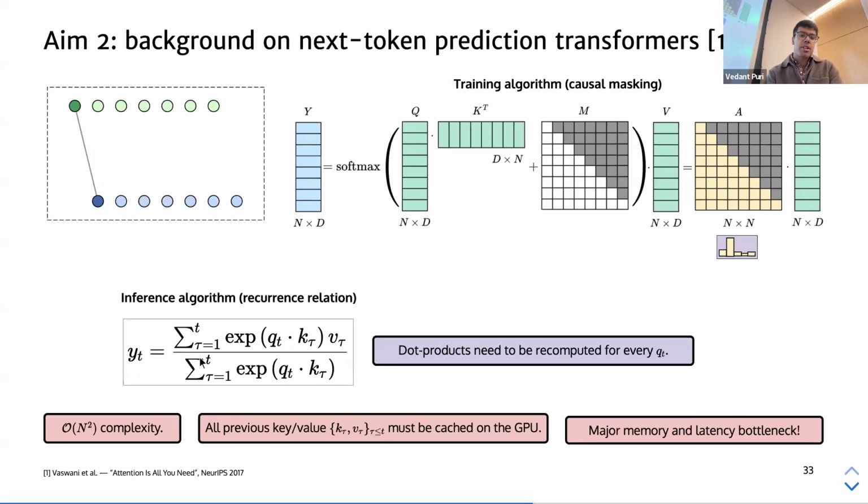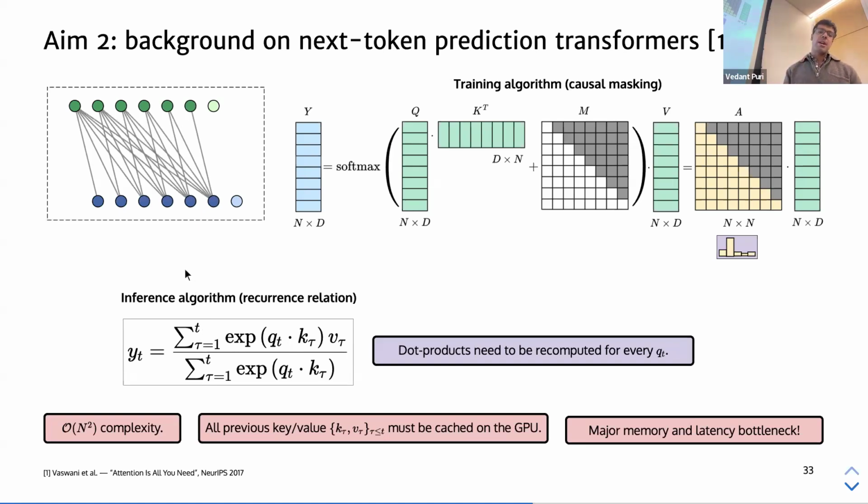There are dot products equal to the number of time steps that you are at right now. So if you are at time step 1000, you have to store all 999 previous key vectors and value vectors in your GPU memory, and you have to keep them fresh. So this method not only has n-square complexity, but also a major memory bottleneck that limits its scalability.